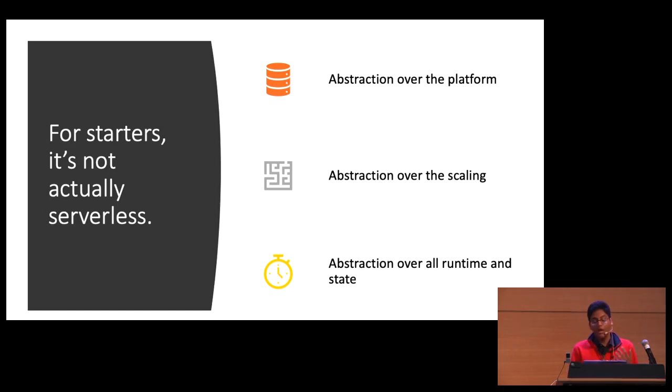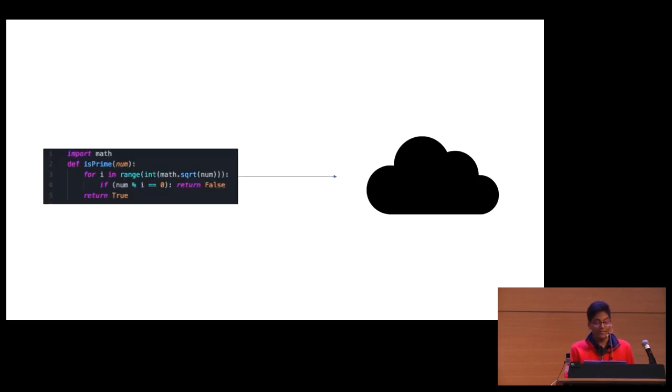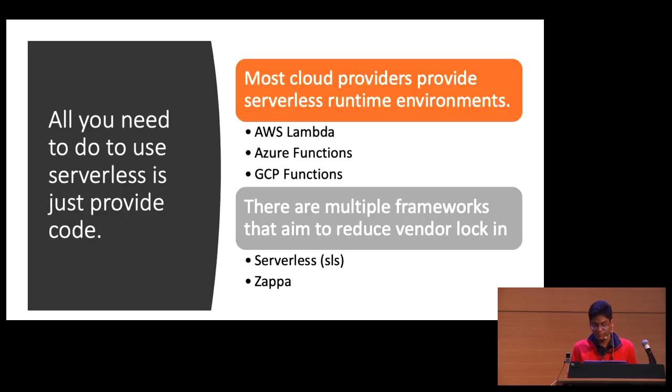Also, they're abstracting the runtime and the state so you don't get to persist any data on the servers running your code. In essence, you're providing a piece of code to a cloud provider and expecting them to manage it, the scaling of it, and serving of it in order to keep it updated, patched, and deployed for everybody.